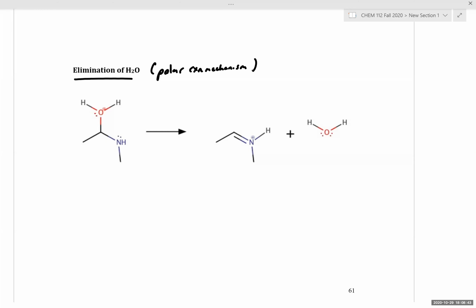So let's give everyone about 2 to 3 minutes to try to draw a mechanism for the following elimination reaction. And don't be shy to share your questions or your responses in the chat or verbally or on the class whiteboard using the annotate tool.